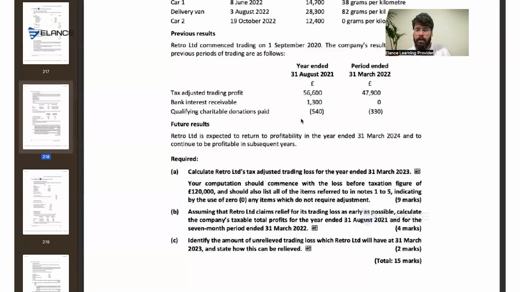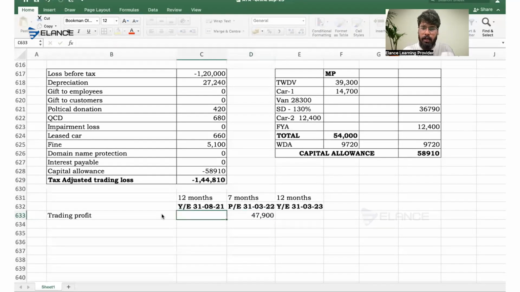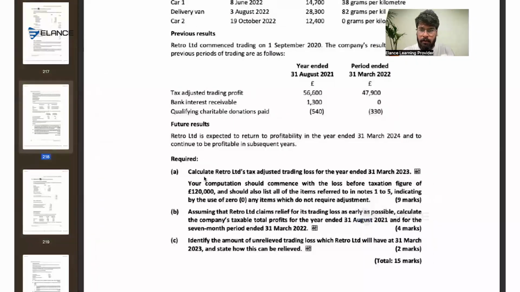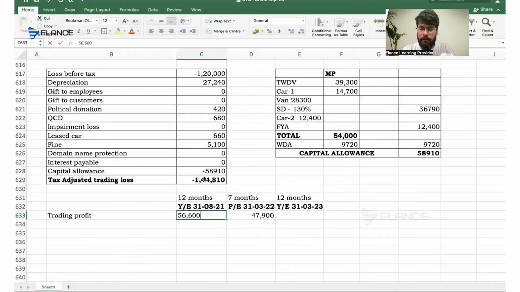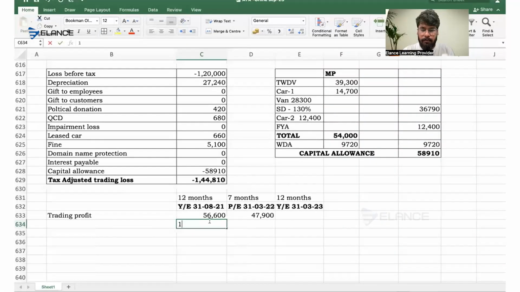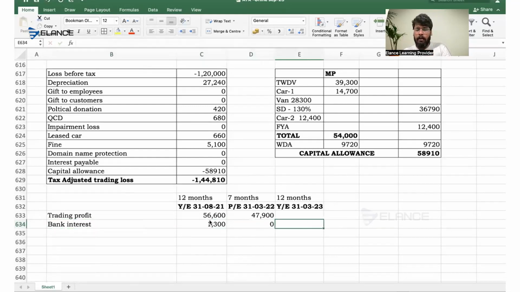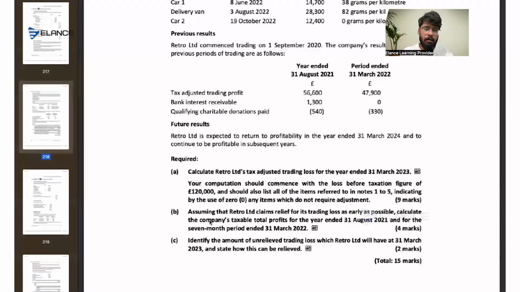In the very previous year, the trading profit was 47,900. 56,600.